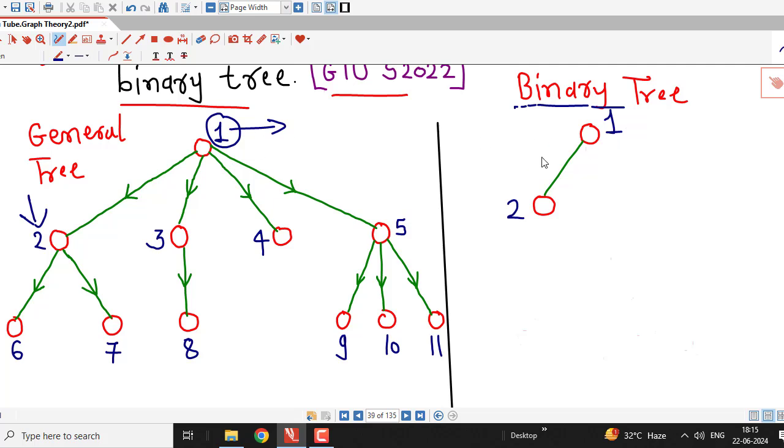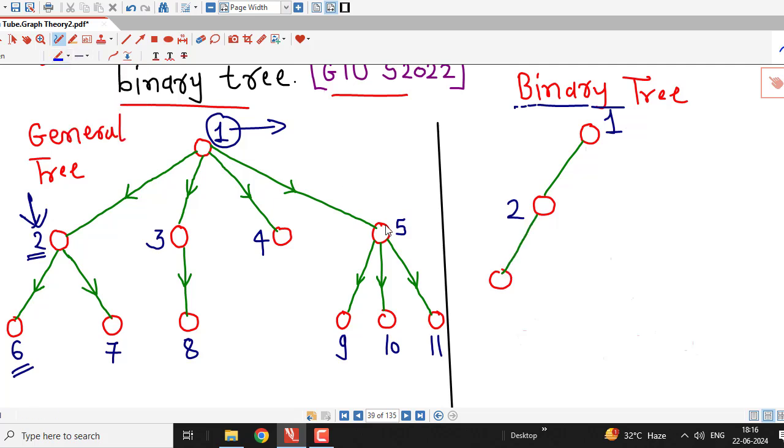Here the left child of 1 is the leftmost child of 1 in the general tree, which is 2, and the right child of 1 is the right sibling of 1 in the general tree, but 1 has no siblings, so 1 has no right child here. Now for 2 also we have to follow the same pattern. The left child of 2 is the leftmost child of 2 in the general tree, which is 6. So we will consider this as 6.